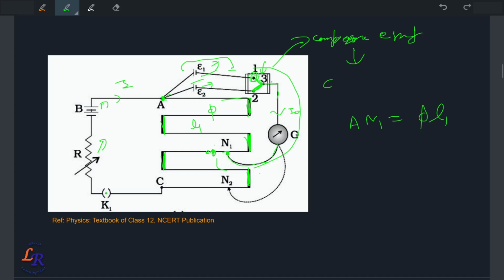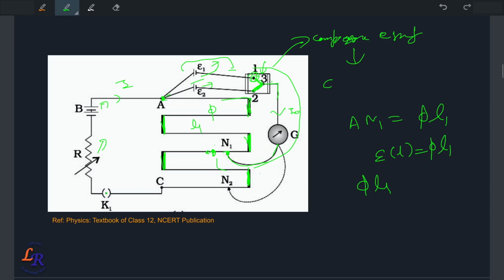So the potential difference at length L1 is phi L1.